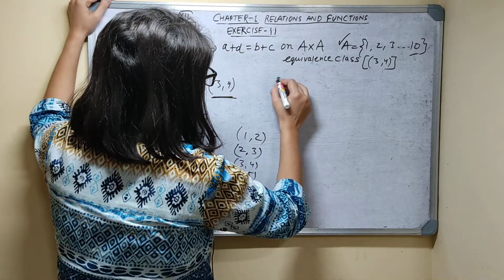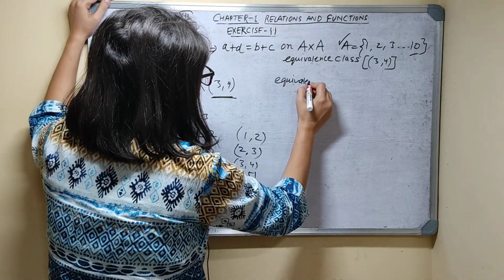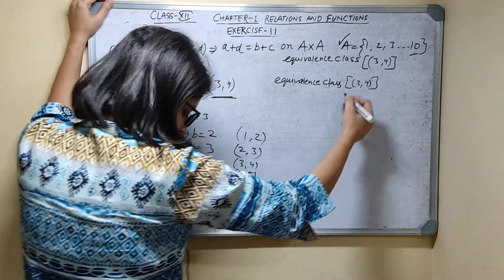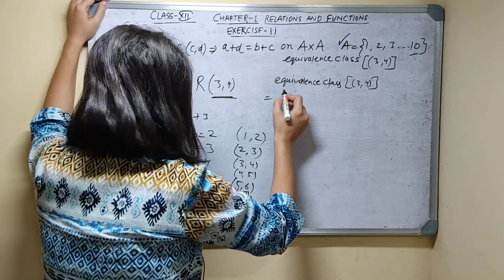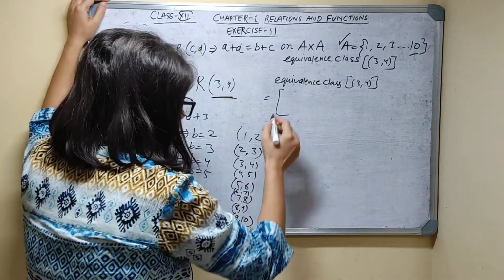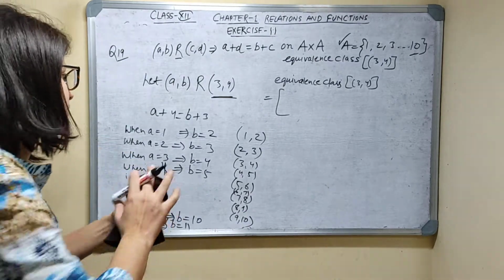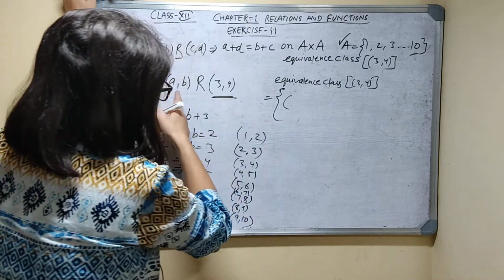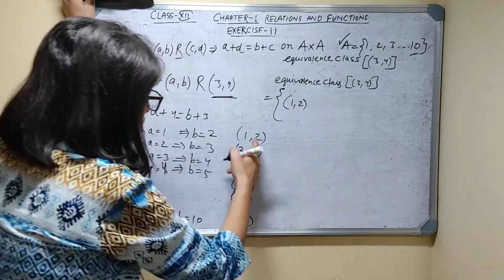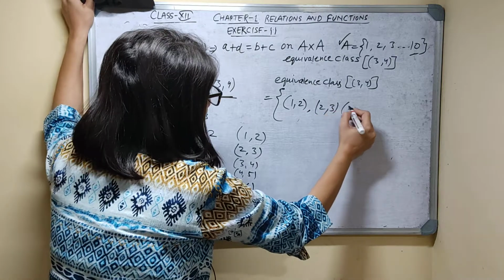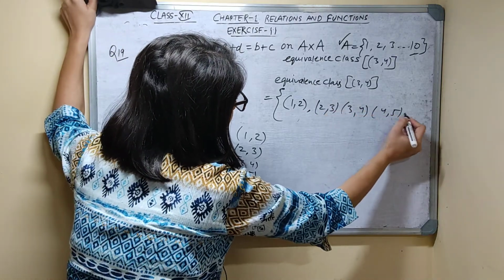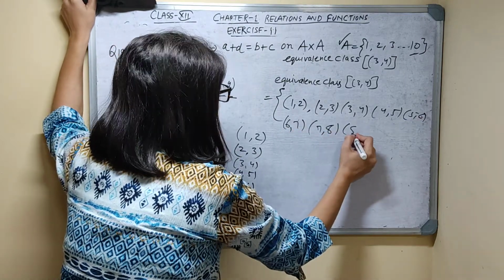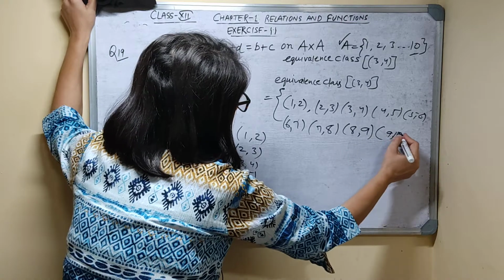Equivalence class of (3, 4). What will you write? Here you can write like this: (1, 2), (2, 3), (3, 4), (4, 5), (5, 6), (6, 7), (7, 8), (8, 9), (9, 10).